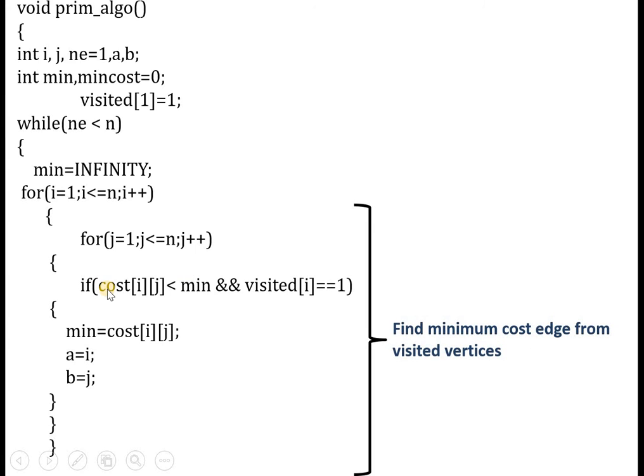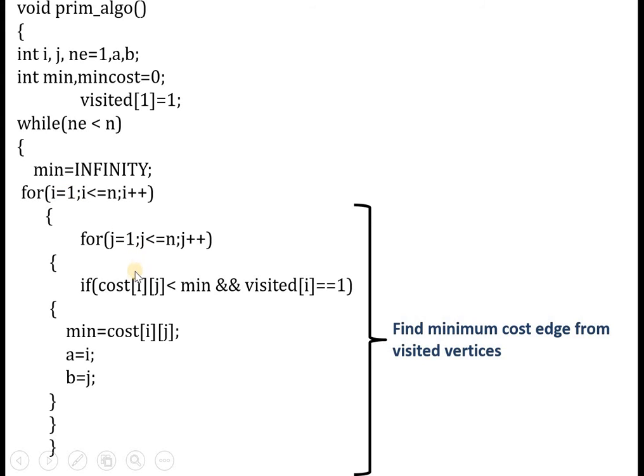And if the cost of ij is less than minimum and the node is visited, then you have to update the minimum value and update the a and b variables. That is, a is the vertex i and b is the vertex j. Here i and j are actually the indices of the vertices. So initially it is 1, 1, which is ignored.